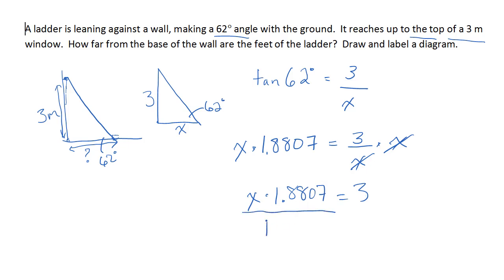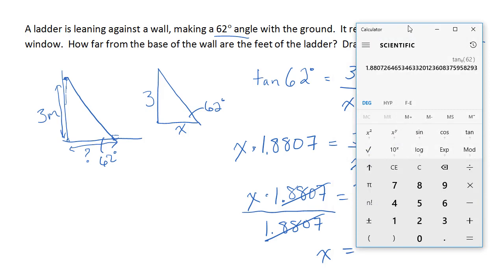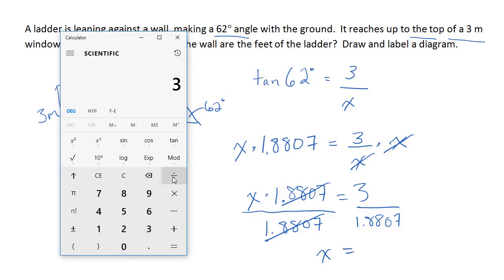So we'll divide both sides by 1.8807, and we'll be left with x equals, because these two values cancel each other out, x equals whatever 3 divided by 1.8807 is equal to. So 3 divided by 1.8807, and that's equal to 1.595, etc.